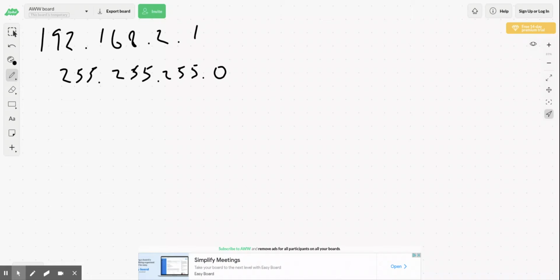That would be a common subnet for the address 192.168.2.0. We looked at binary before, and what we found, if you do the binary backwards, I'm not going to go through all the math, but if you do it, it's 1, 2, 3, 4, 5, 6, 7, 8 bits for 255. The second and third octets are also 8 bits, all turned on. And of course, my 0 is all off bits.